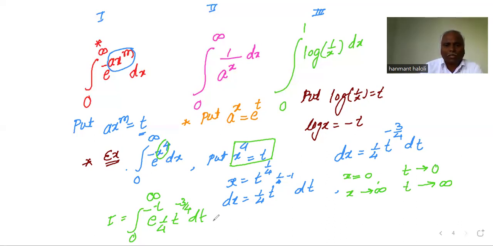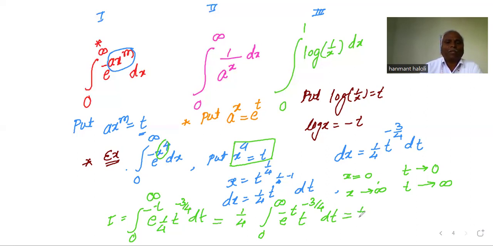Now you can simplify it: 1 by 4 is a constant taken outside, integral 0 to infinity e raised to minus t, t raised to minus 3 by 4 dt. This is the simplified form.